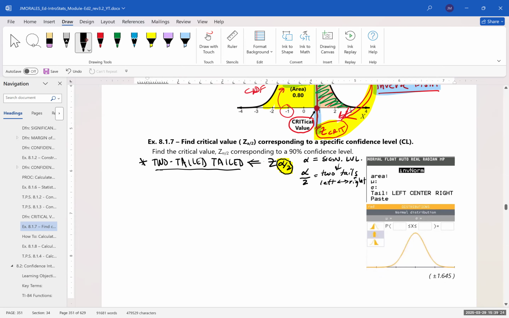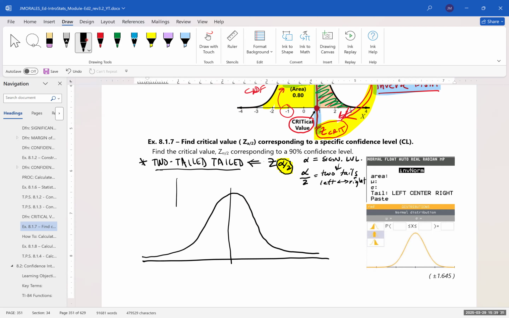So it just always helps to draw a picture. So I'm just going to draw a really quick sketch of a normal distribution. And it's 2-tailed. So that means I'm going to have 2 boundaries. And those boundaries are defined by these 2 critical values. So we're going to have a positive Z critical value and a negative Z critical value.